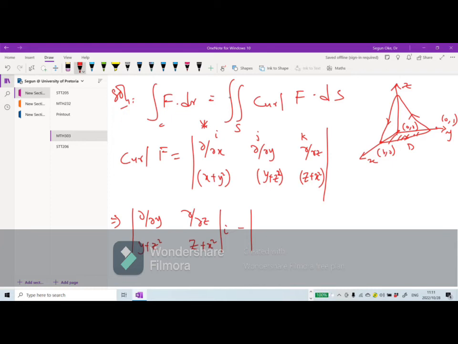Both row and column cancel. That's why we don't pick the d/dx. Are you getting it?